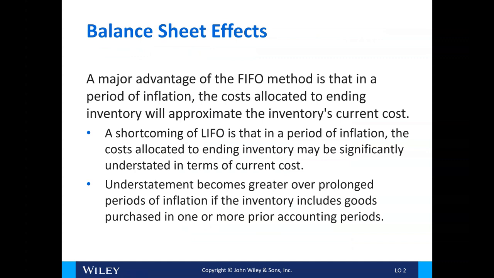So under FIFO, it's more representative of what your actual inventory on your books is. Under LIFO, it's the opposite because you keep the cheapest things, but when you buy new inventory, you're going to have to pay more.